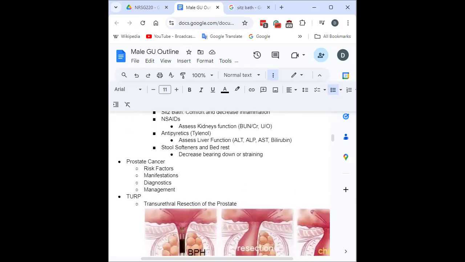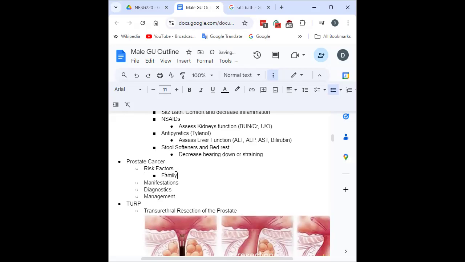All right, we're good to go. Now we can start talking about prostate cancer. So we'll just quickly go over the risk factors. Sure, yeah. That can be a family history. Age can definitely matter.